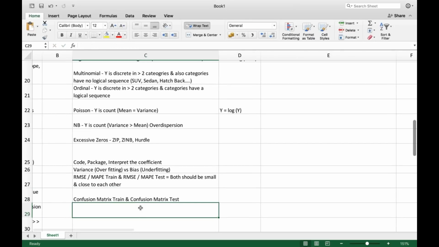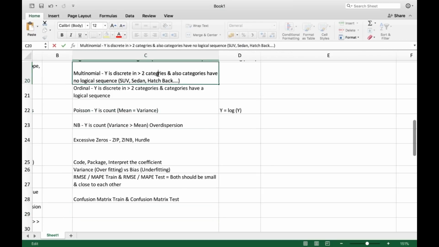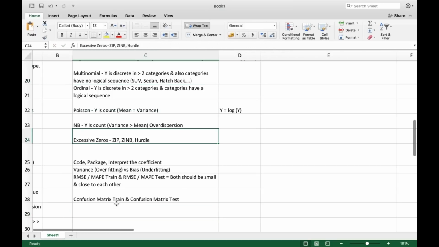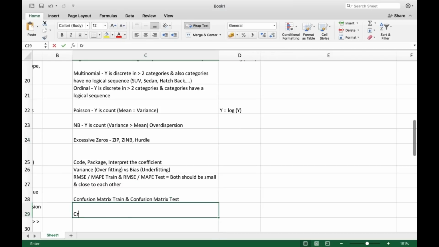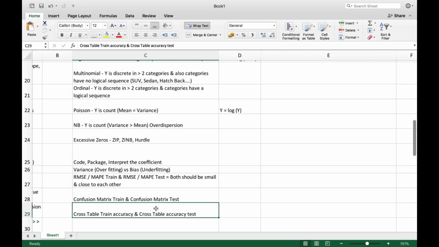What if I have greater than two categories? Excuse me for my spelling mistakes, but okay. Then you go with a cross table. Again, same. The cross table will have accuracy for training data and cross table accuracy for test data. Both should be small and close to each other. Very, very important.